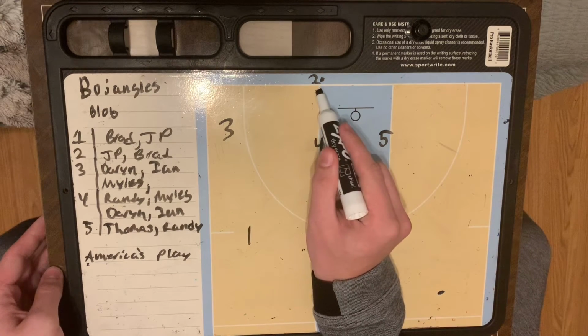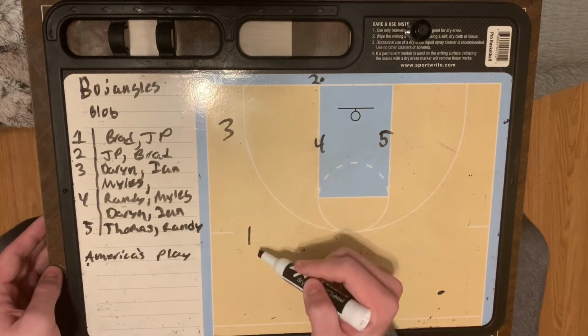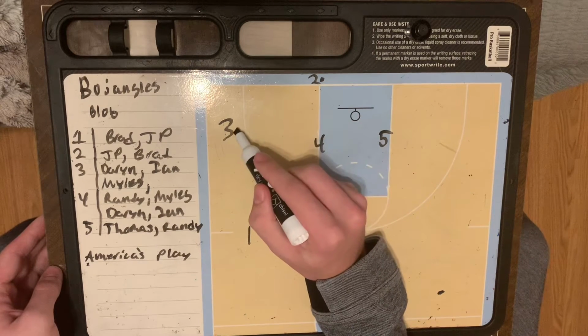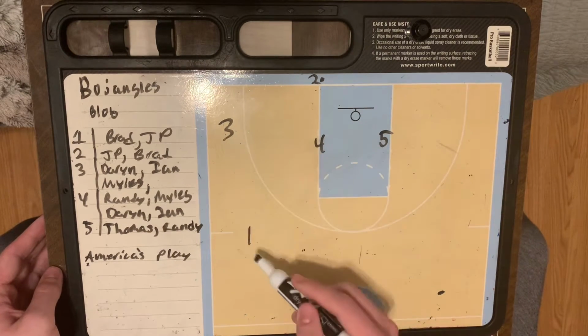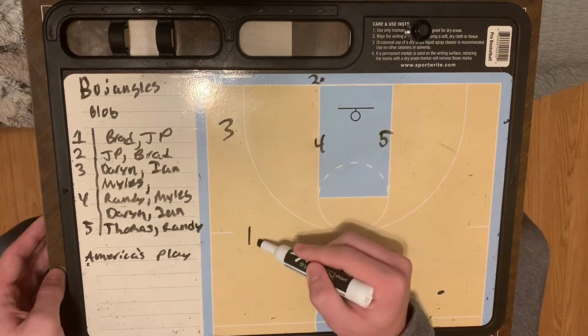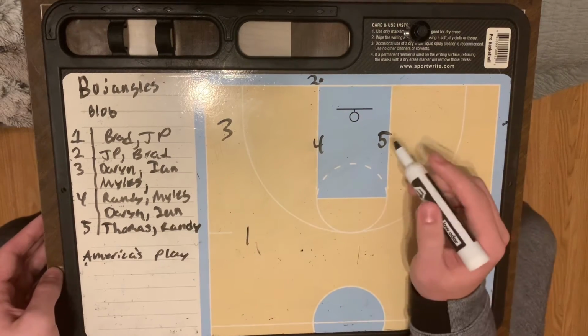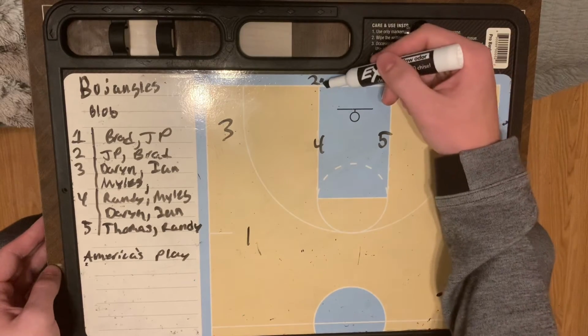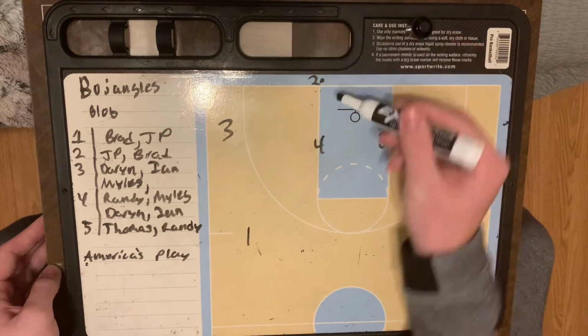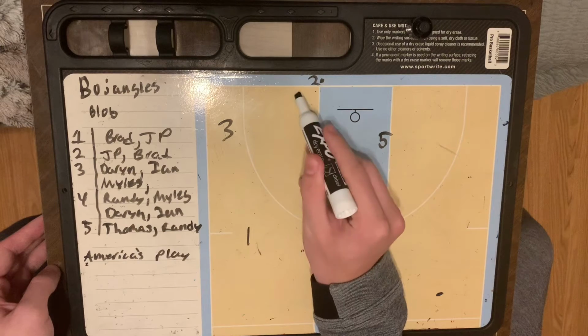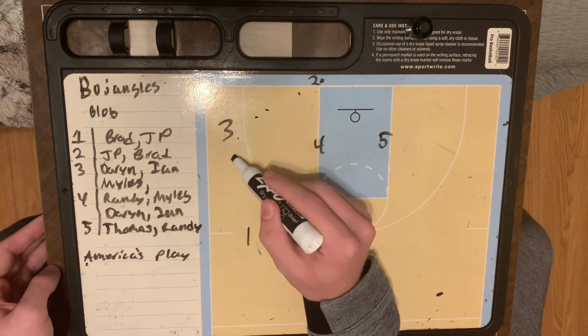Wherever it goes, whether it goes to the corner or the top, so let's say I throw it to the corner, immediately it is going to swing up top. If I throw it directly up top, then there is no swing from that 3, and it doesn't really matter. Let's just say for these purposes, I throw it to the 3.